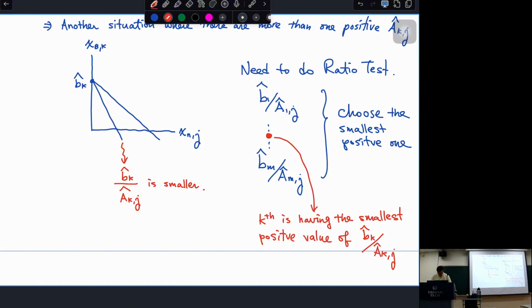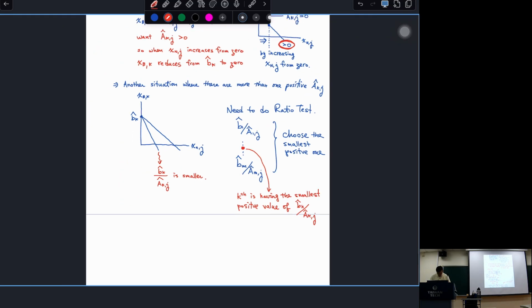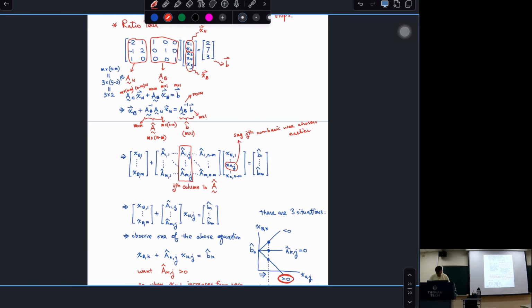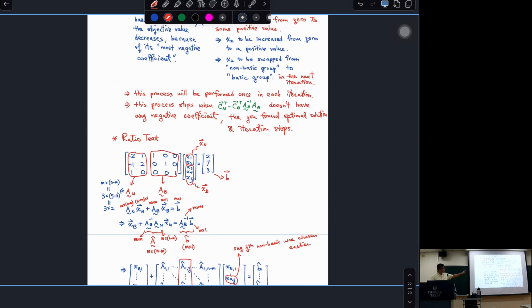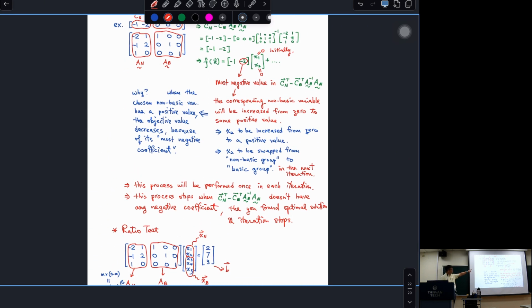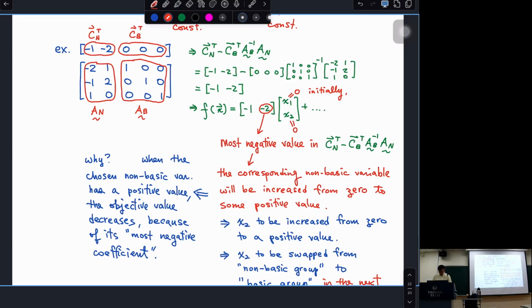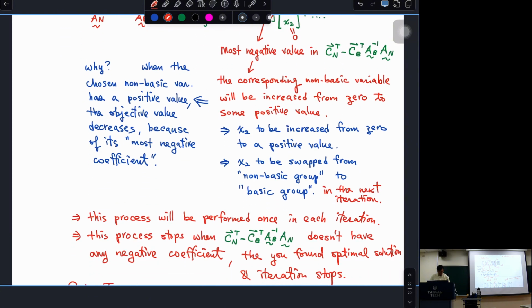So earlier right here we picked this one, x2. x2 will become basic. So let's use this as an example.